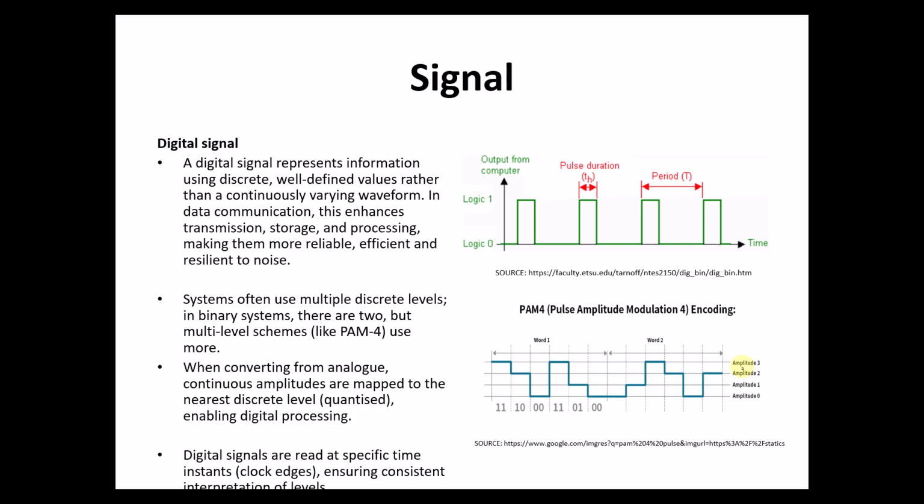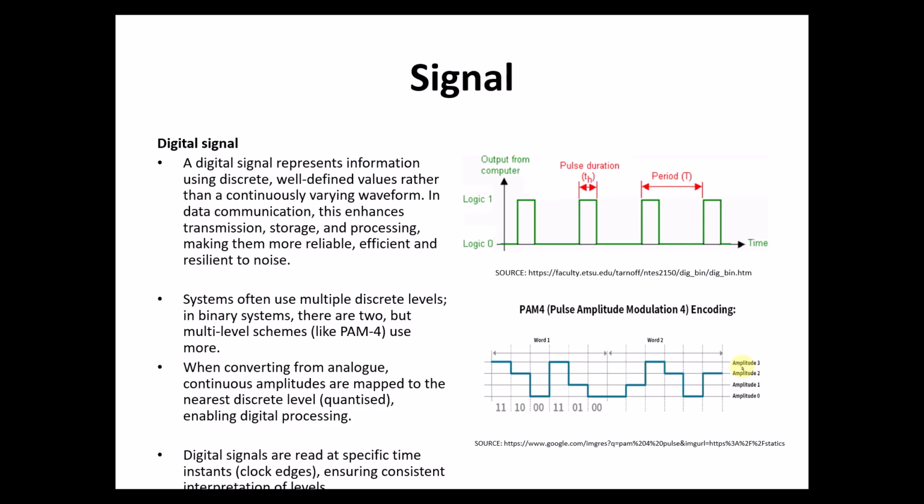So instead of having just 1 or 0, or on and off, it can have an additional low or high. That is the meaning of the multiple discrete levels. When converting from analog, continuous amplitudes are mapped to the nearest discrete level.